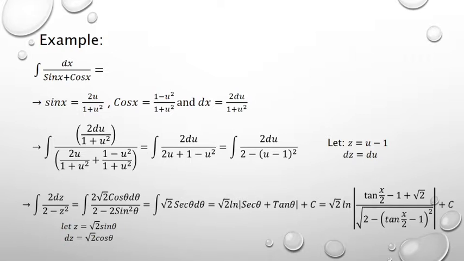Now let's let z equal u minus 1, so dz equals du, and we get the integral of 2 dz over 2 minus z squared.